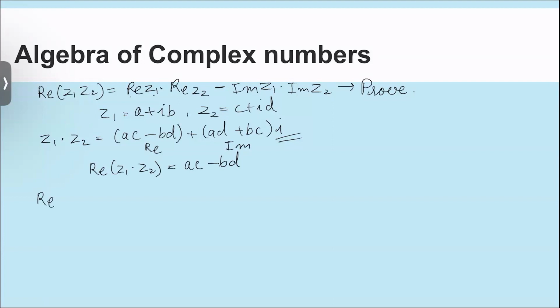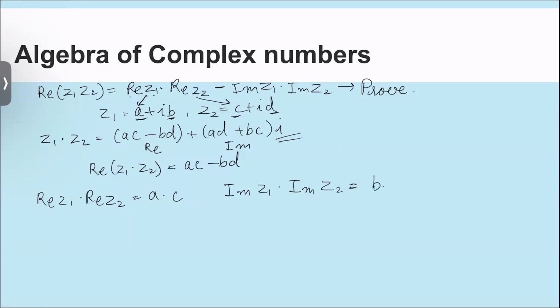The real part of Z1 is a, multiplied by c, which is the real part of Z2. Now for the imaginary parts, if we are only considering the coefficients, b is the imaginary coefficient of Z1 and d is the imaginary coefficient of Z2.